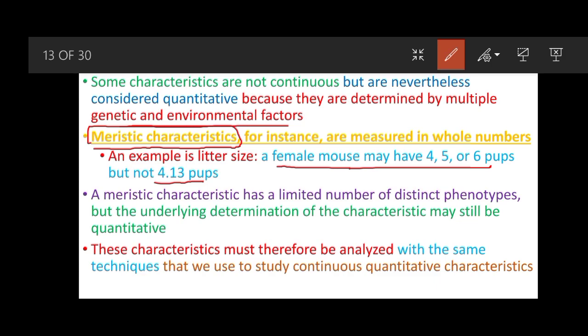So a meristic characteristic has a limited number of distinct phenotypes, but the underlying determination of the characteristic may still be quantitative. These characteristics must be analyzed with the same techniques that we use for studying continuous characteristics, because the factors involved in producing this difference in litter size are all continuous factors.